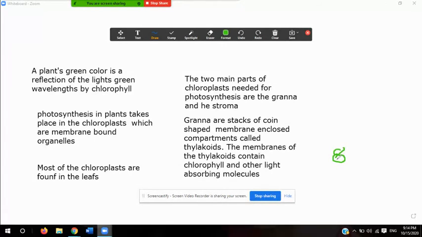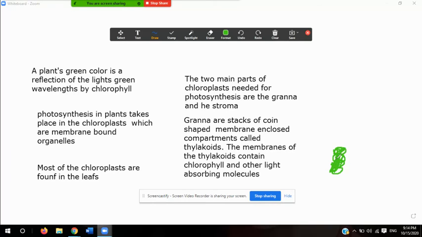And these thylakoids, which are part of the grana, which is very important in photosynthesis, contain chlorophyll. And remember that the chlorophyll absorbs the blue and red light, and actually reflects the very little green light it absorbs. So that's what you see inside of the leaf of the plant, and that's what they do.